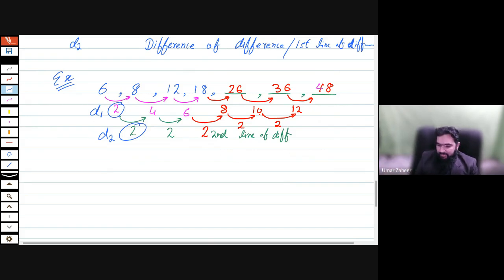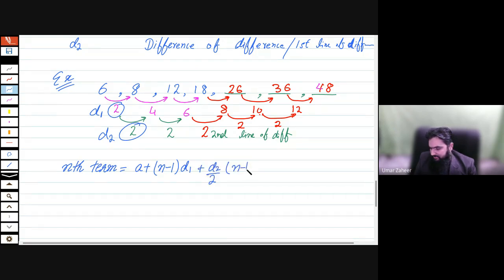So the formula for the nth term is a plus n minus 1 into d1 plus d2 divided by 2 into n minus 1 into n minus 2.